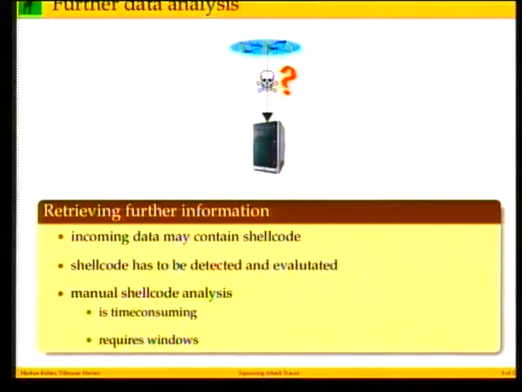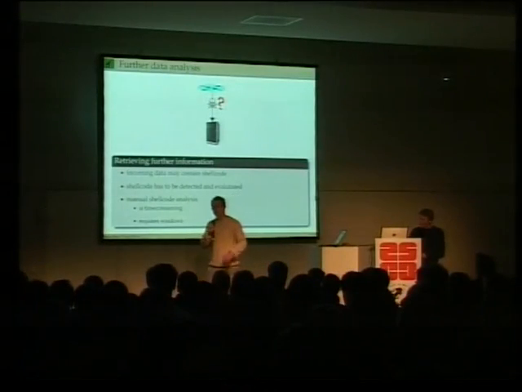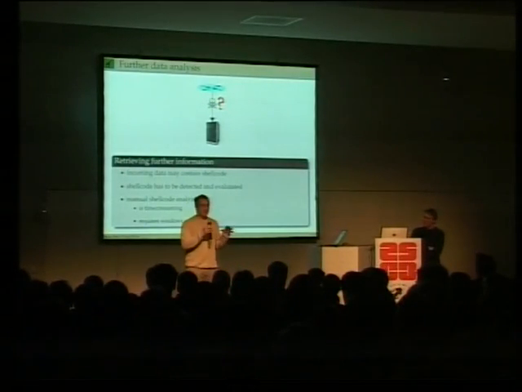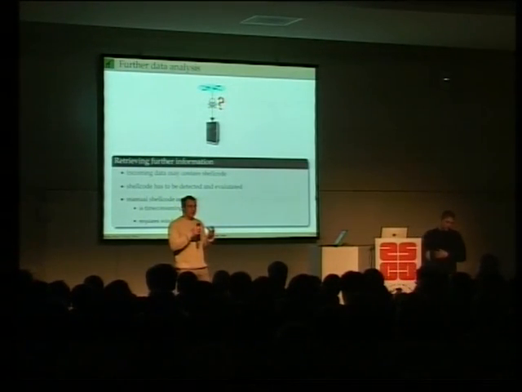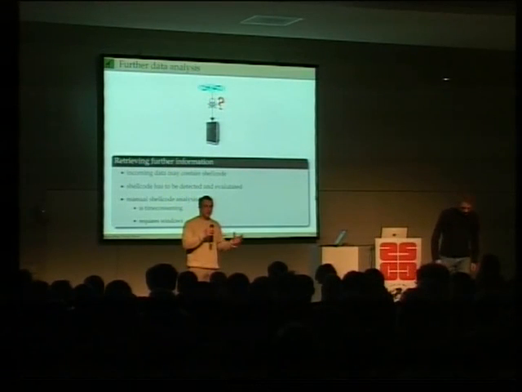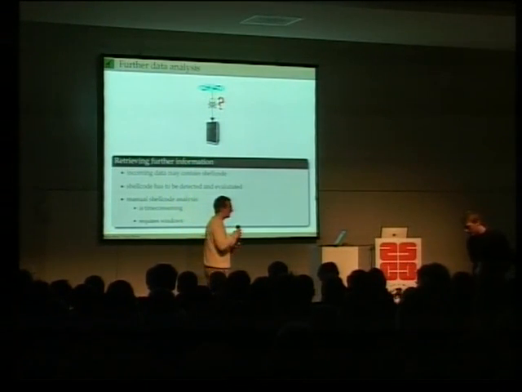Hello, I'm Markus, and I'll try to explain the basics of detecting and profiling shellcodes from network streams. So taking the technology Till just presented, we can gather a lot of data, and we need a way to automatically look for shellcode within this data.